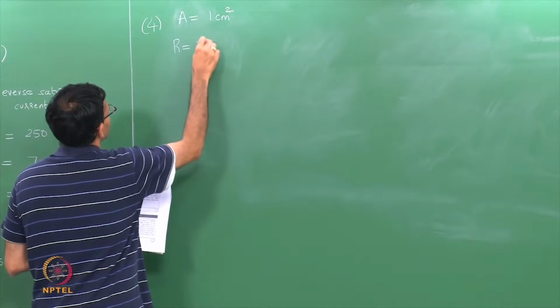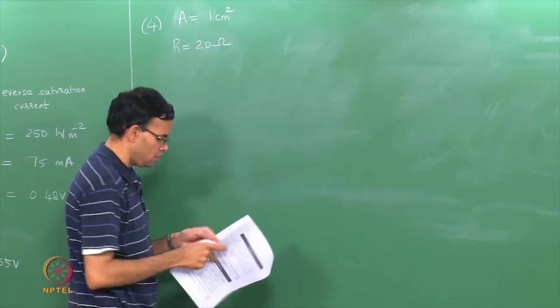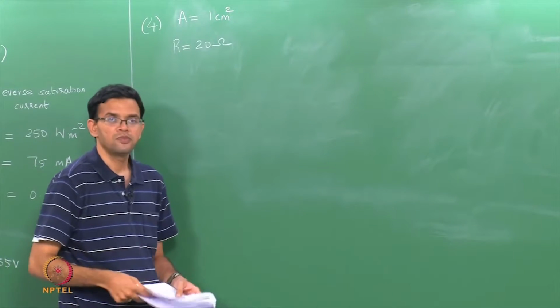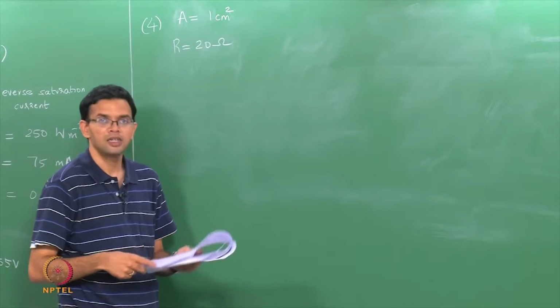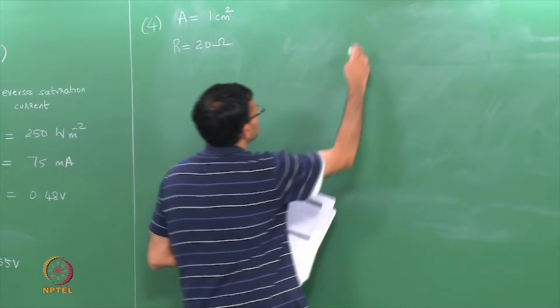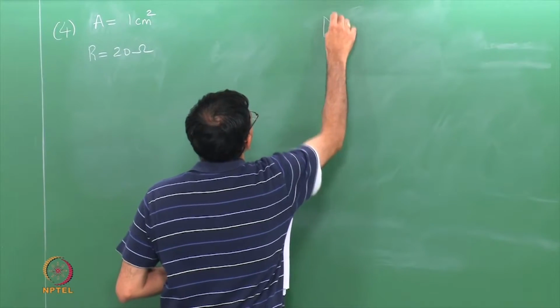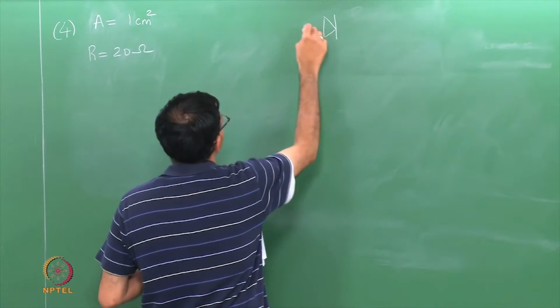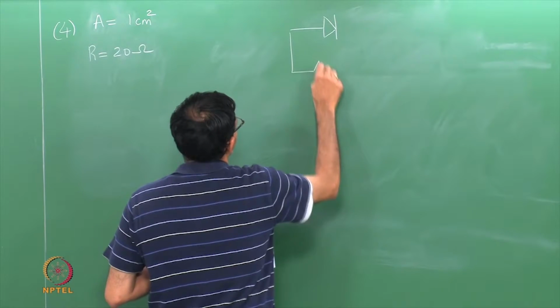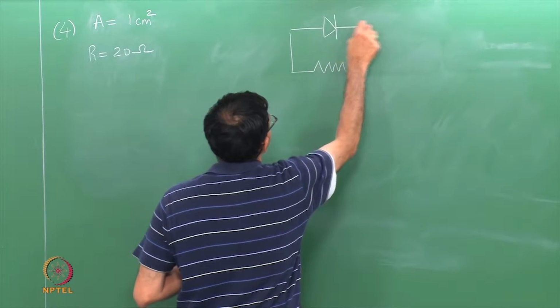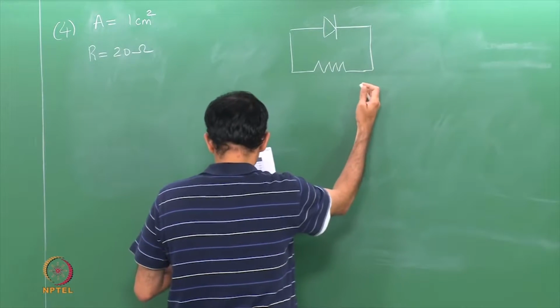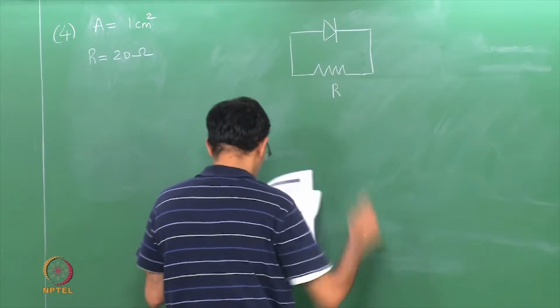So, R is essentially 20 ohms. So, we can actually draw how the solar cell connection looks. So, this is given as part of the question. So, you have the solar cell essentially connected to a resistor. So, R is the resistor.